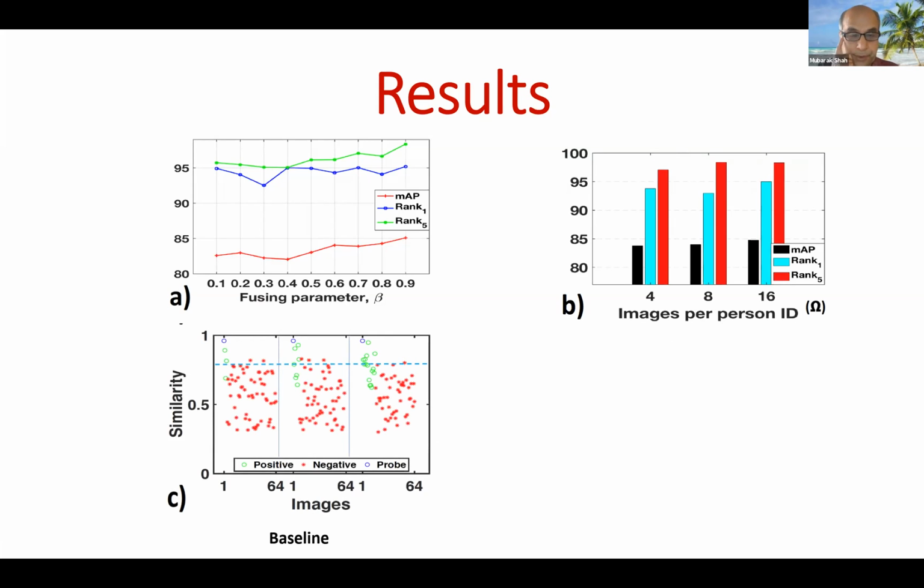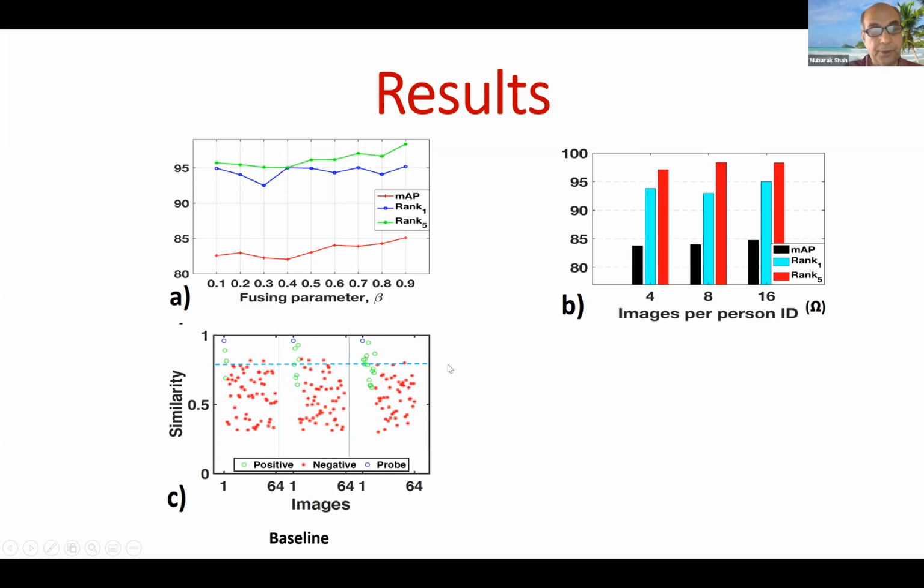Here it tells you how the dominant set is helping. What we are showing here: the blue ones are the probe, the green ones are the positives, and the red ones are the negatives. If you use the baseline method, you get these similarity scores, and then we have to have some threshold.